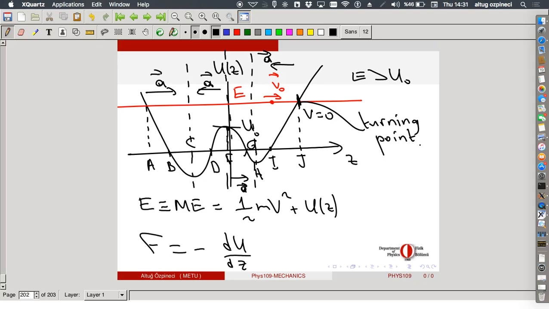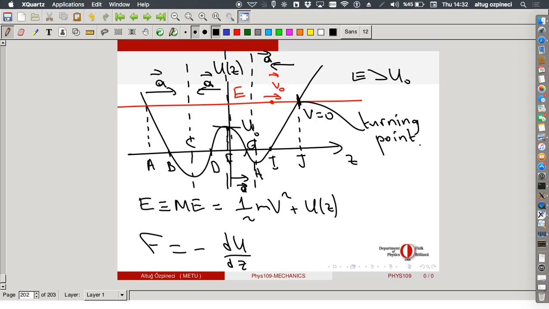And then it reaches the point H. Between the point H and F, the derivative of the potential is negative between these 2 points. So if the derivative is negative, then the force, minus the negative number, is positive. So the force is in the positive z direction, and hence the acceleration is in the positive z direction.